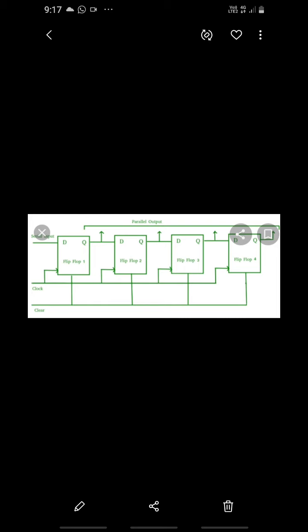The Q1 output of the second flip-flop is connected to the D2 input of the third flip-flop, and the Q2 output of the third flip-flop is connected to the D3 input of the fourth flip-flop.